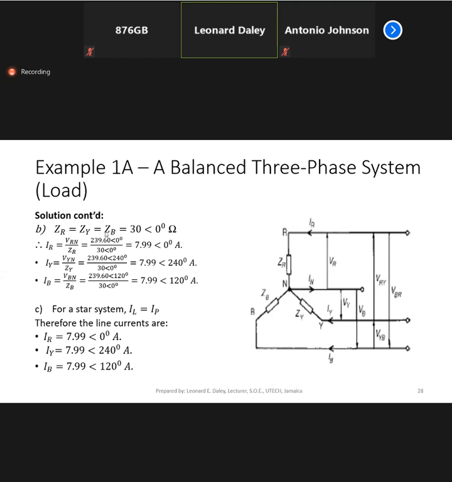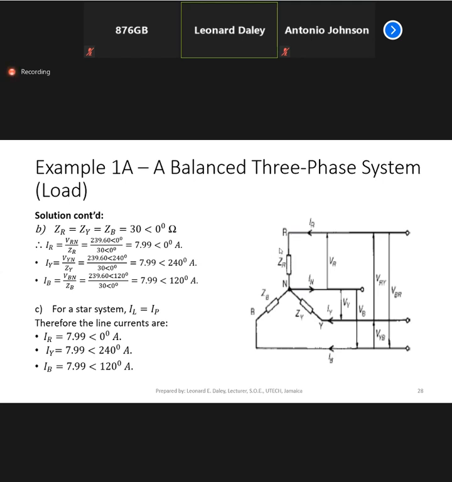So we were told that all of the impedances were 30 ohm resistors, so a resistor now would be at angle 0. So IR is equal to VR. The current flowing through here would be equal to the voltage across here, VRN, divided by the impedance.